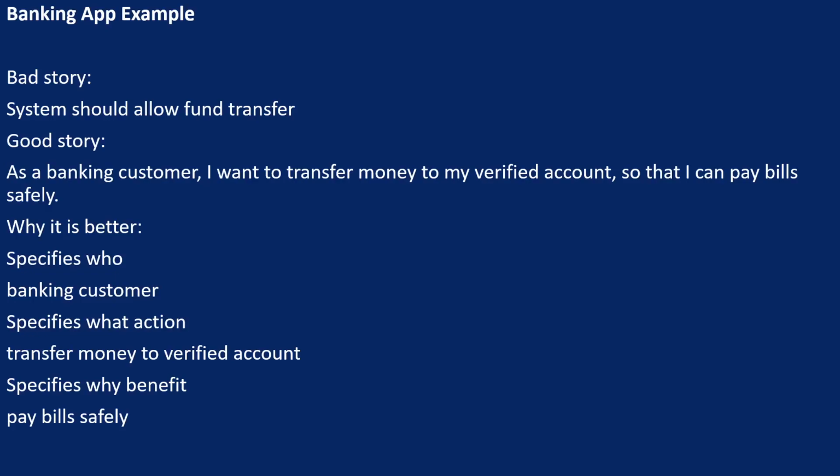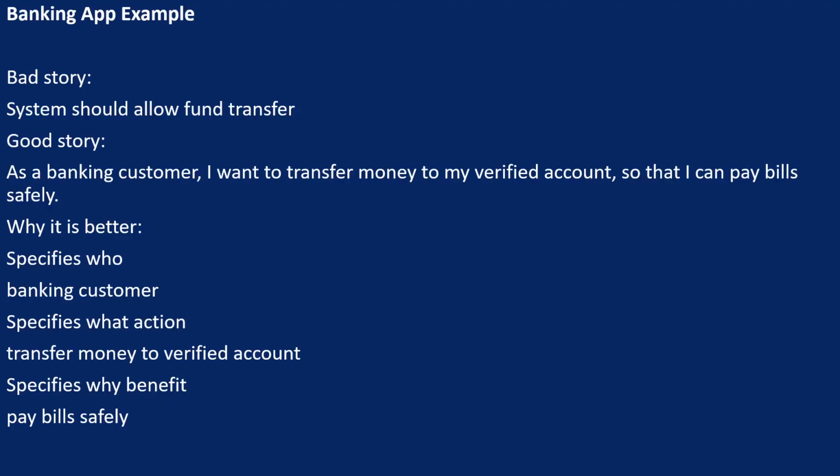Why is it better? Because it specifies who, the banking customer, and what action: transfer money to a verified account. And it specifies why, the benefit, that is paying bills safely.